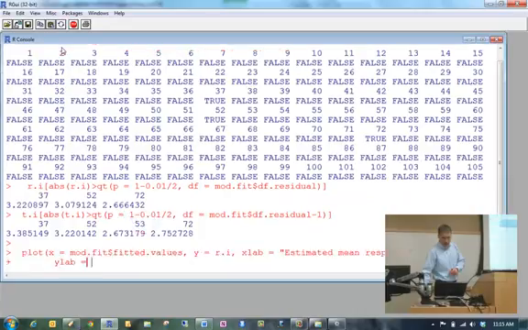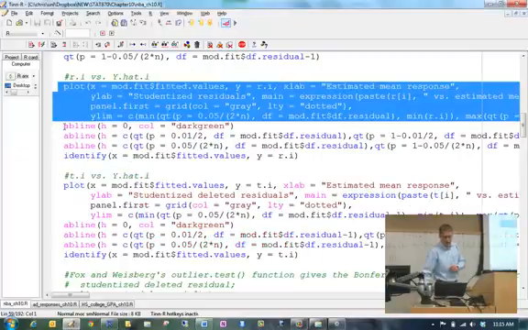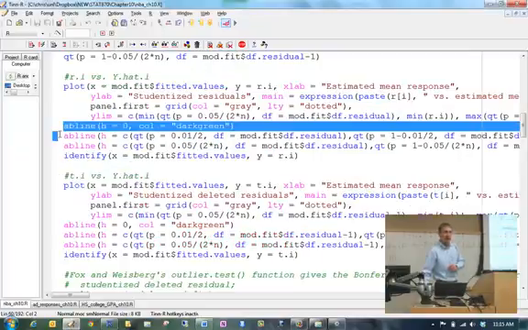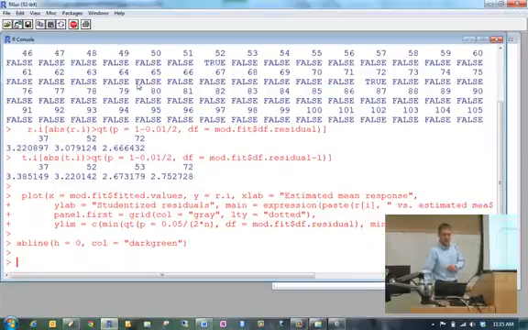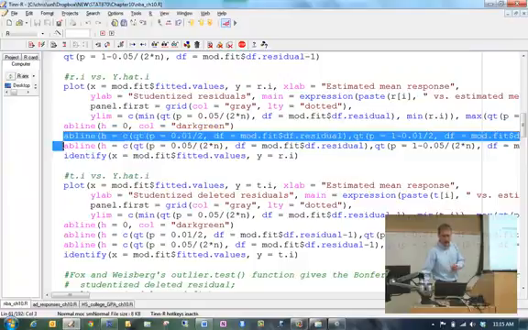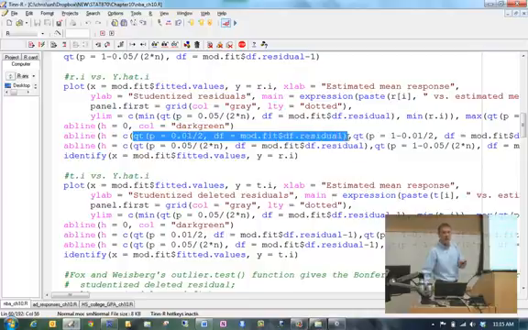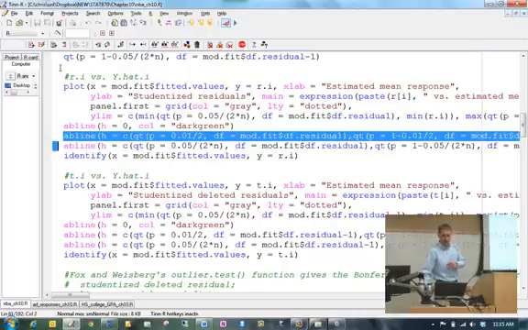And so if I just do this part right here, you can see my initial plot. And then I do a horizontal line at 0. Remember, residuals themselves are centered at 0. And then for my first set of boundary lines, I just get the corresponding quantiles from my t-distribution, a negative version and a positive version of the same thing, and I draw them out.